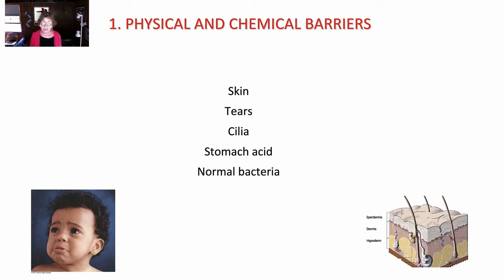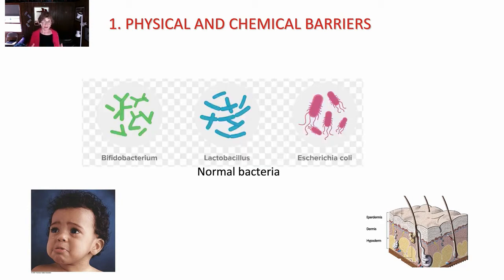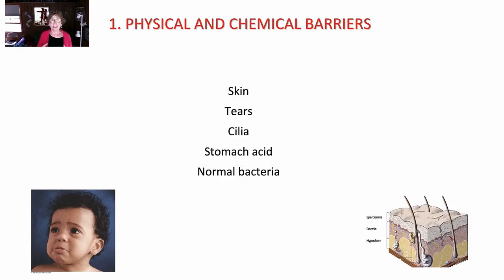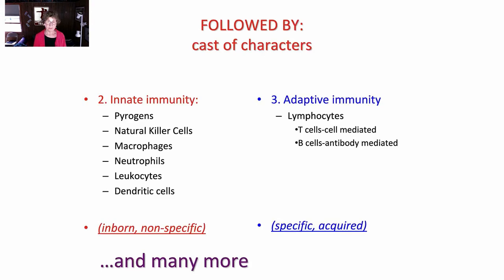Normal bacteria: our body is loaded with healthy bacteria, and we like to use these healthy bacteria to crowd out any pathogenic bacteria that might be trying to breach this first line of defense.